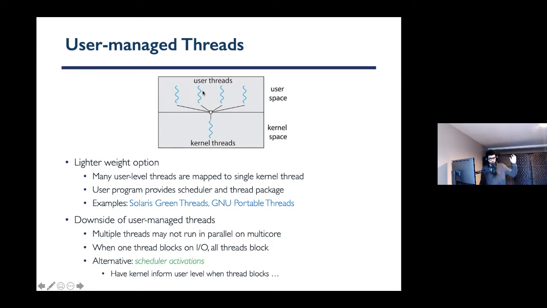So it just looks at, okay, this instruction called IO. Now IO is not ready. I'm going to put the entire thing in waiting. Now you might actually have other threads here that could run, but how does the kernel know about them? The kernel doesn't know about them. So all of them will be put into waiting. So that's another thing. They could all be blocked if one of them is blocked.